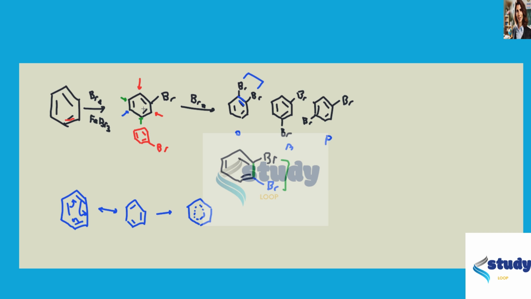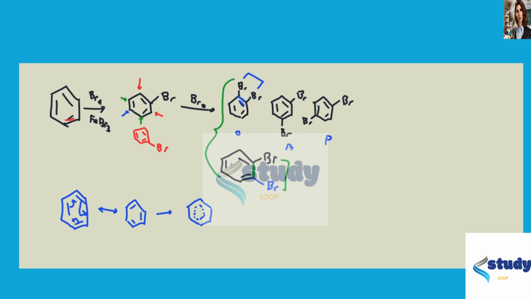But now if we take this first product and add diatomic bromine, we would only actually truly see these three products, ortho, meta, and para isomers formed, one of each, because this ortho substituted structure here and this one on the bottom are actually identical. Three arrows meaning they're identical. These are the same structures.